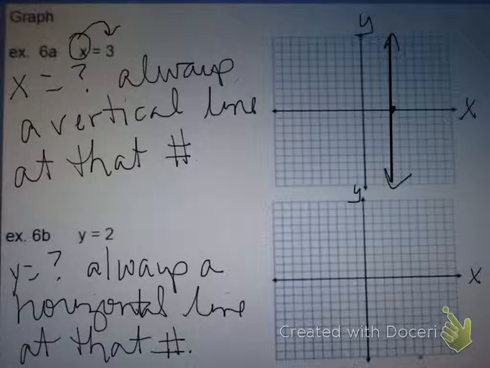So again, do we go to 2 on your x-axis or on your y-axis? You go whatever letter that is. That is a y, so we go to 2 on our y-axis and draw a horizontal line.